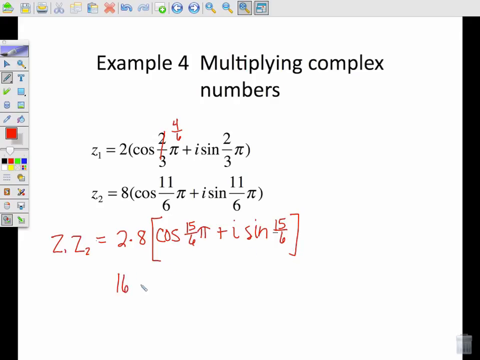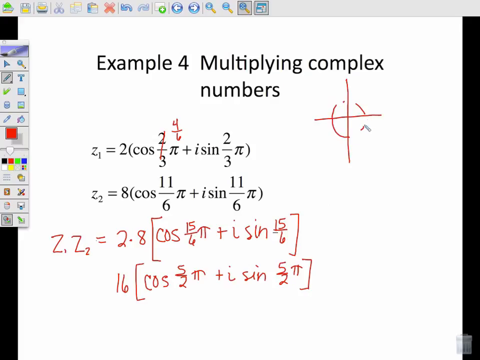Now 15/6 can be reduced. So it's cosine of, let's divide them by 3, 5/2 pi, plus i sine 5/2 pi. Cosine of 5 halves pi: 5 halves pi is located right here, 1 half, 2 halves, 3 halves, 4 halves, 5 halves.